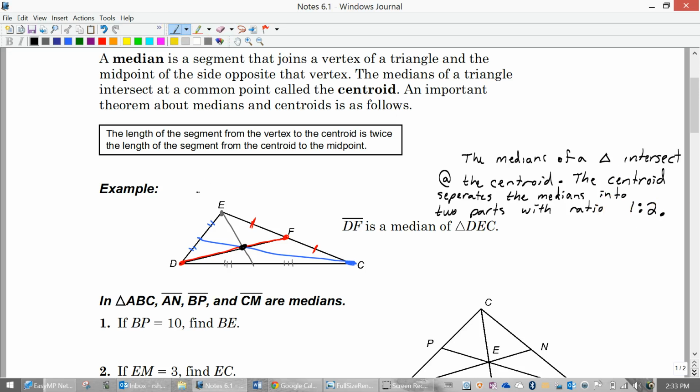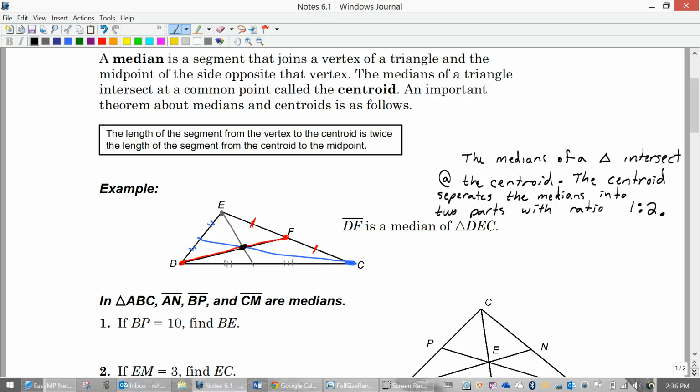Can somebody tell me what it means to be ratio 1 to 2? That I think you'll understand. Sometimes when you're baking, like bread or cookies, and you get recipes, sometimes those recipes are in terms of the relative size of whatever you're using. And they'll say like 1 part sugar, 2 parts flour, right? They'll give you a ratio depending on how much you want to make, so you can make any amount.